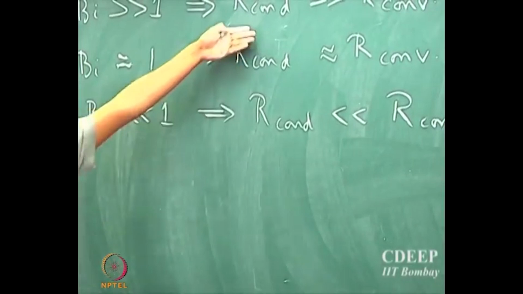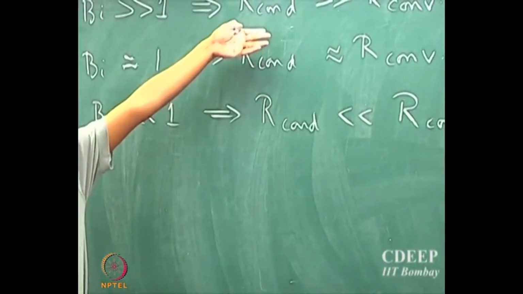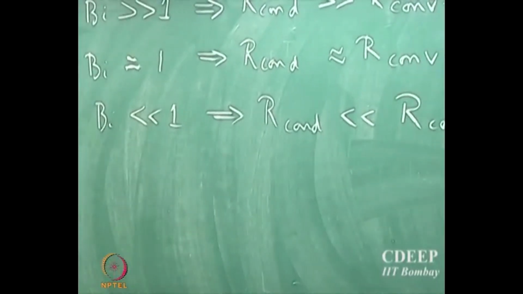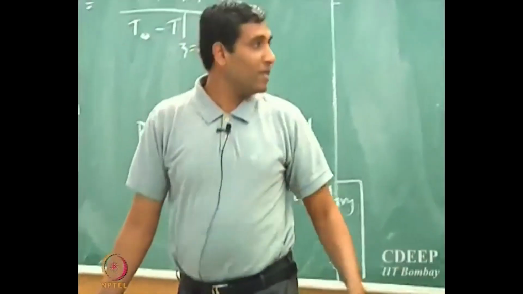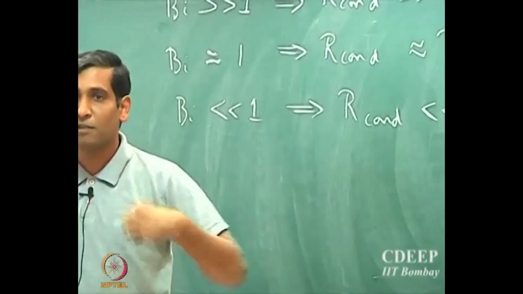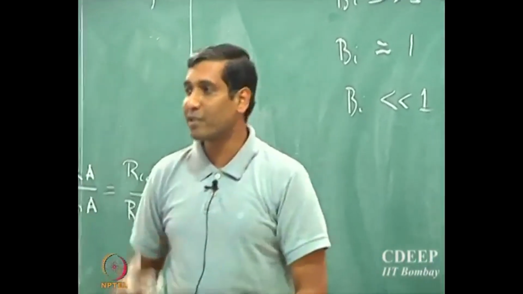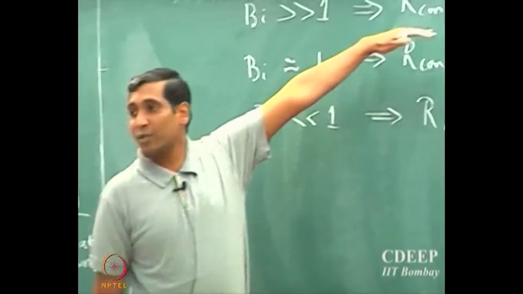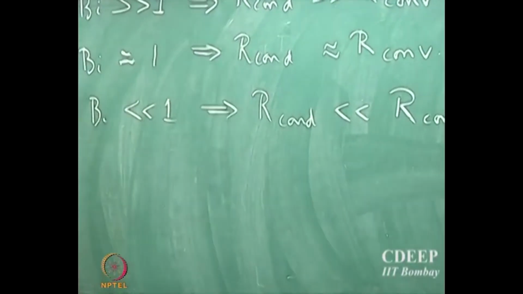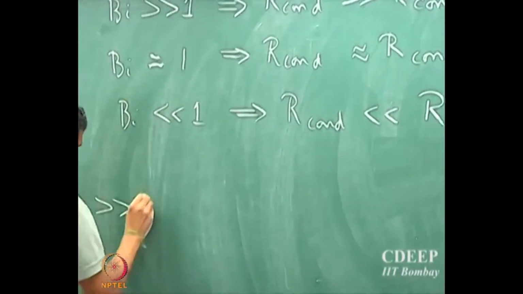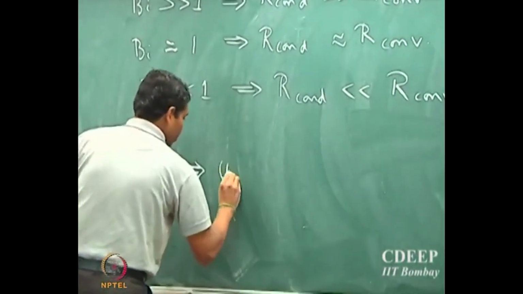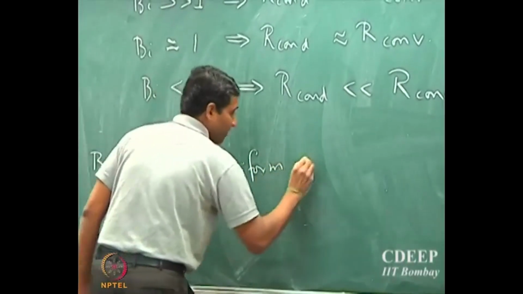So when conduction resistance is very large, can we use lumped capacitance method? Why? Why can't we use? Right. So when the resistance to conduction is very high, you should always translate resistances to the temperature profile. Whenever the resistance is very large, you cannot assume uniform temperature. So when Biot number is larger than 1, uniform temperature assumption is not valid.